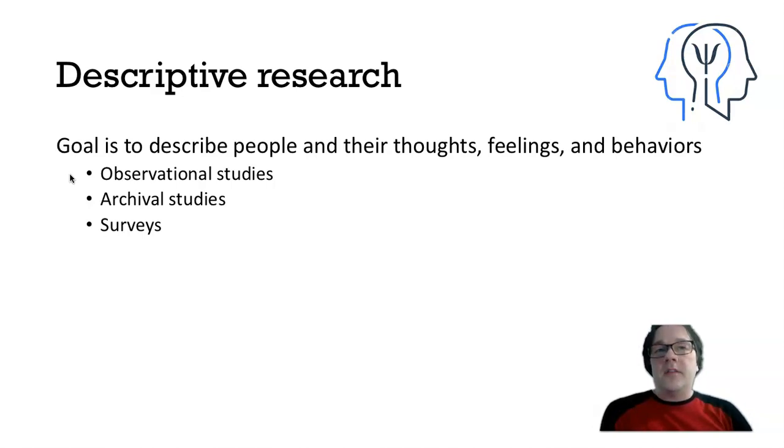But an archival study might be going through newspapers for the past year and seeing how the media has changed in the way that they've spoken or described, let's say, the pandemic or some other type of event that happened.